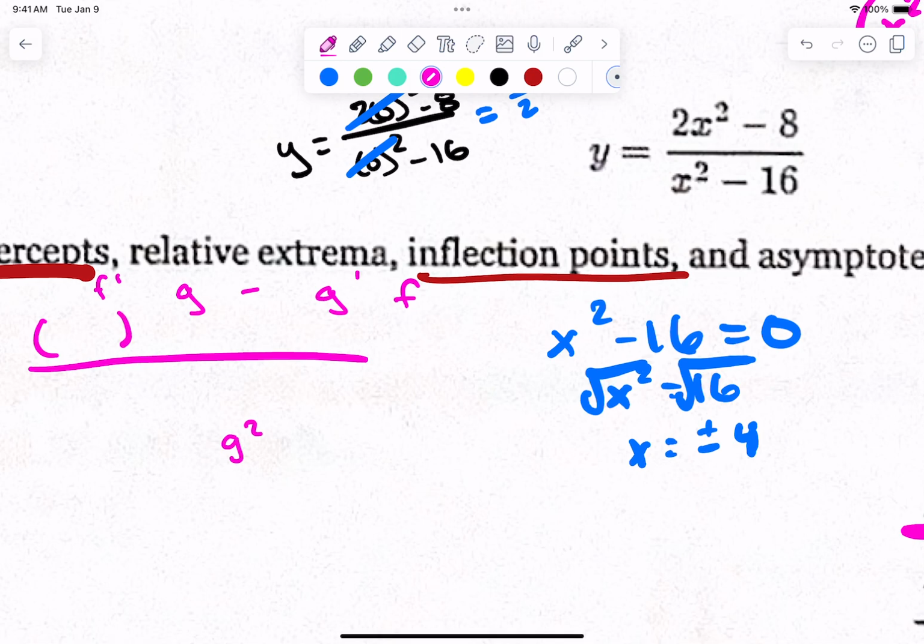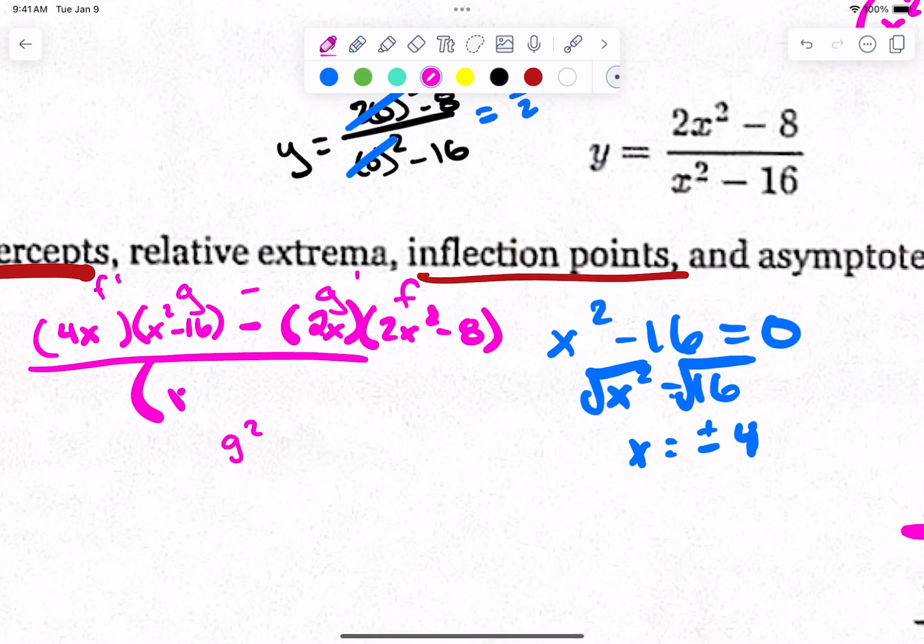It's 4x. 4x is F prime. G is all x squared minus 16. Minus, what's G prime? G prime is 2x. And F is the entire top. The bottom is G squared, so x squared minus 16 squared.